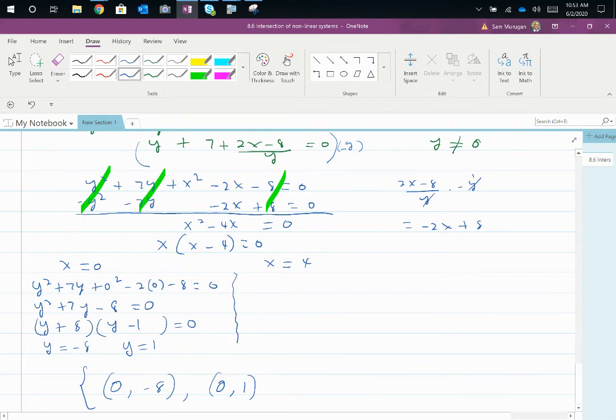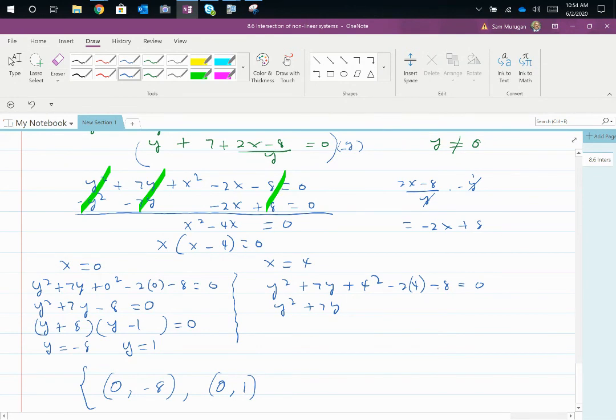So now let's test the second value, substitute 4. So y squared plus 7y plus 4 squared minus 2 times 4 minus 8 is equal to 0. So this is y squared plus 7y, 4 4s is 16, plus 16, my substitution, 2 times 4 minus 8 is equal to 0, sorry. So this cancels out here.